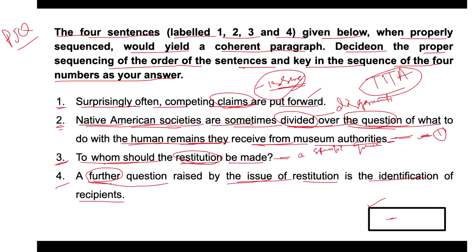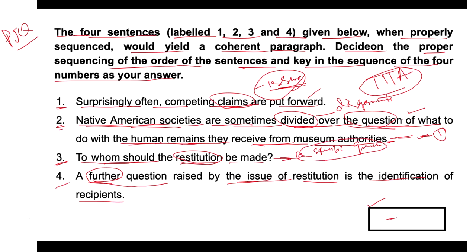To whom should the restitution be made? This sentence wants to know who should receive the restitution. So that can be called a specific question, a specific question given in option 2.